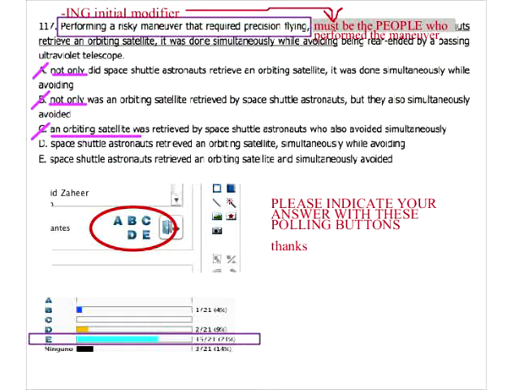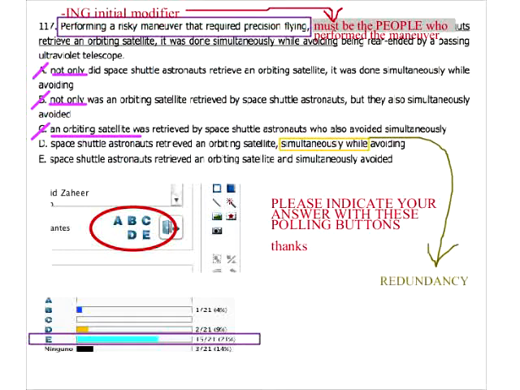Okay. Between D and E, long story short, there's a redundancy in choice D. You don't use both simultaneously and while, because you don't want two words that say the same thing. This is redundant.